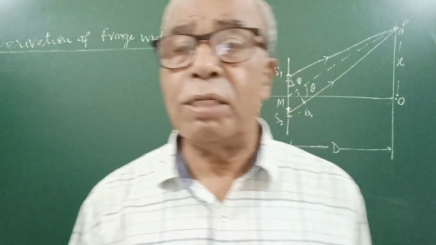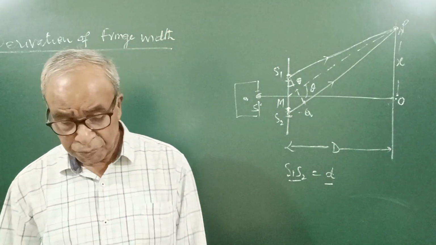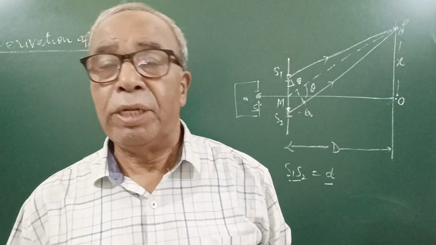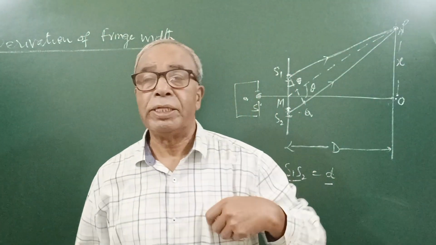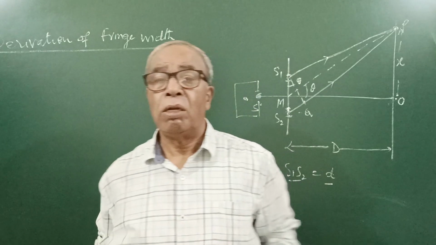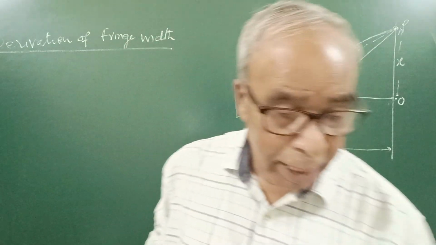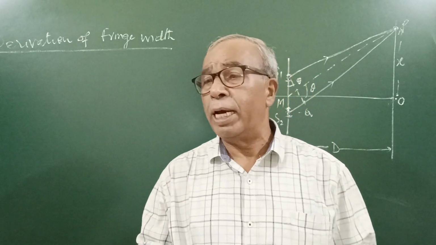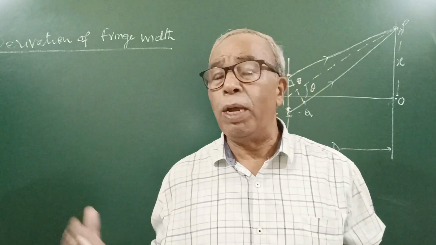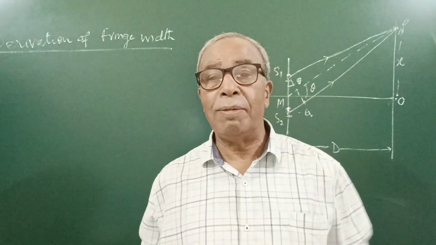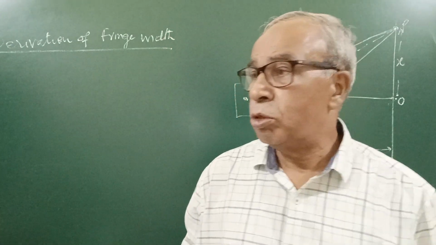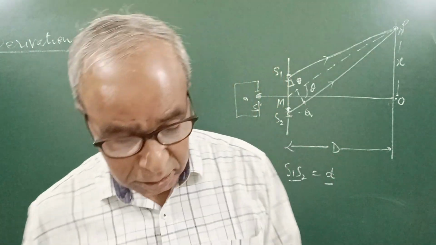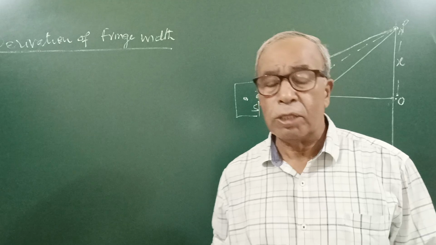Before I go to this experiment, I have told you what is the meaning of monochromatic source of light, coherent source of light, how to obtain coherent sources, and how the intensity of light becomes maximum when two waves of the same frequency and same amplitude superimpose each other while traveling in the same direction. So many things I have discussed in the last videos.